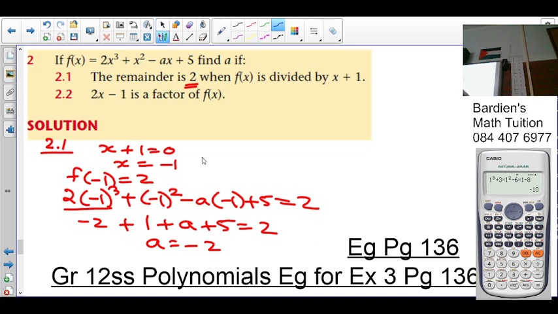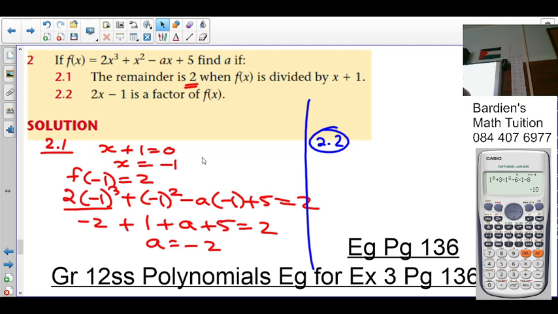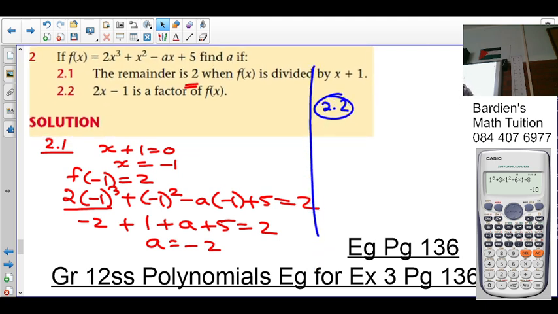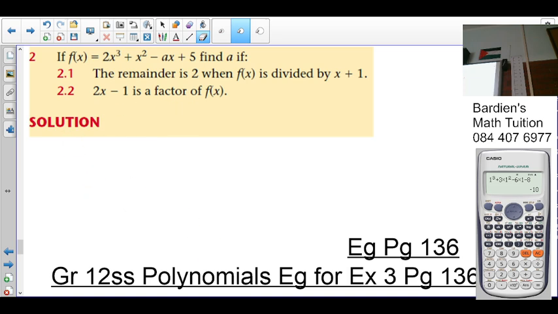Let's look at number 2.2. In 2.2 we are told that 2x minus 1 is a factor of f of x. So what do we say? 2x minus 1 is equal to 0.